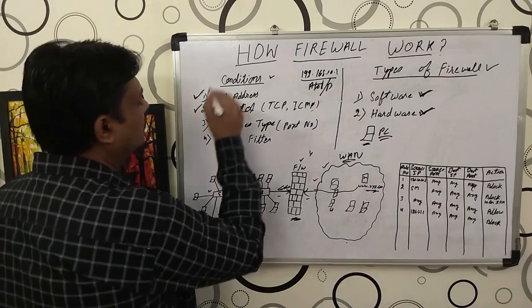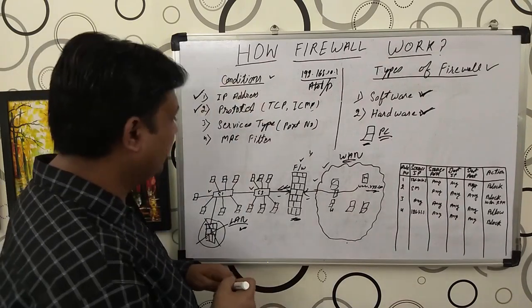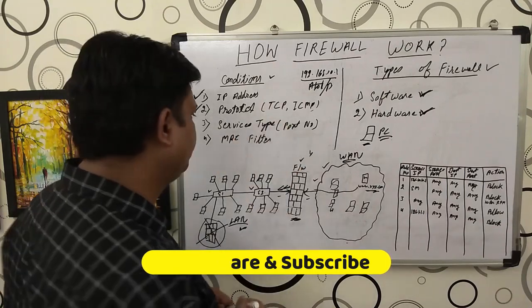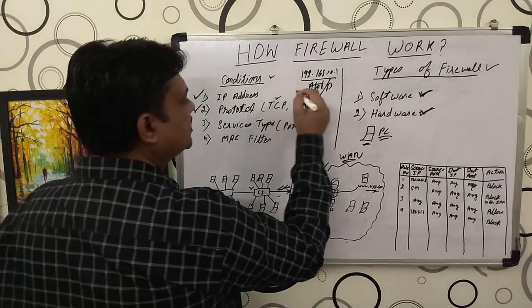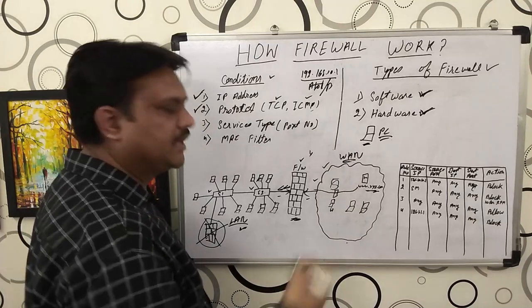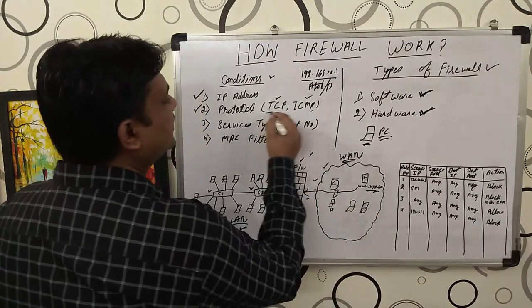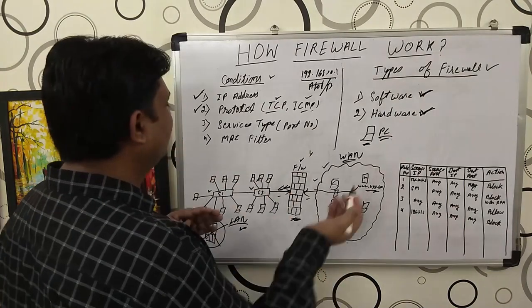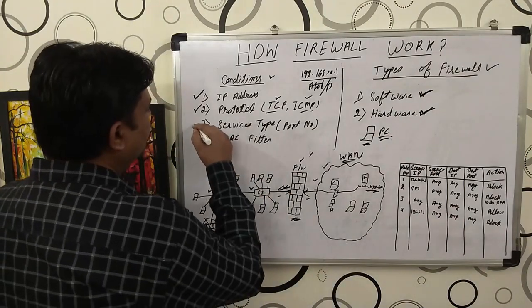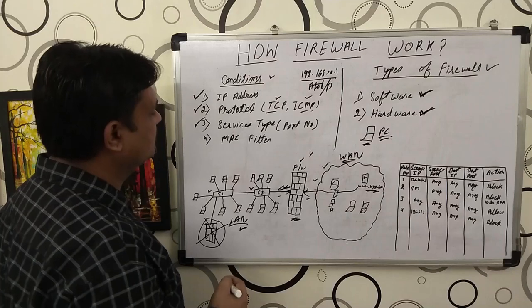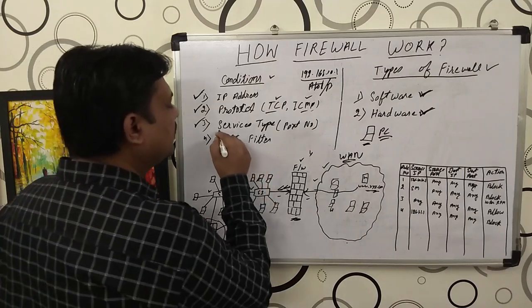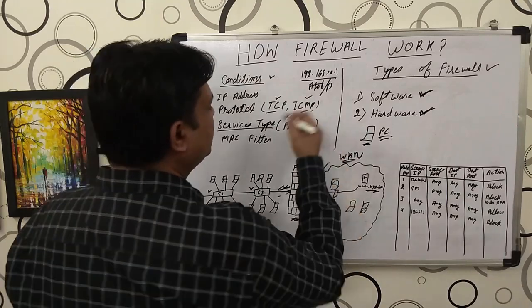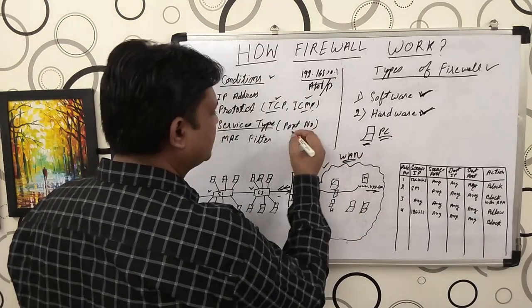Second, you can filter the packets or your data by protocol. Protocol means TCP, ICMP, etc. So these are the protocols, and based on the protocol you can also filter the data. Third, you can filter the traffic based on the service type, which means, for example, the port number.